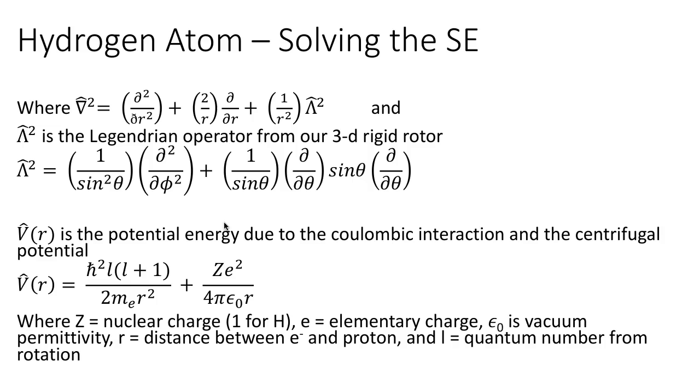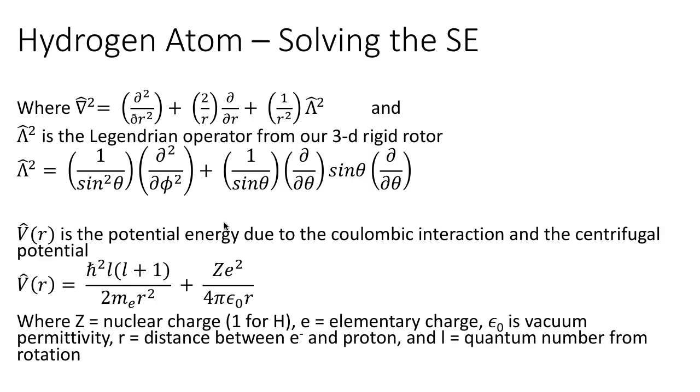The third term should be familiar because that's what we used to solve the 3D rigid rotor, where we had a Legendrian operator, 1 over r squared, but now we also have partial derivatives with respect to r. The Legendrian gives the angular part of the rotation of the electron about the nucleus. That's our kinetic energy operator.